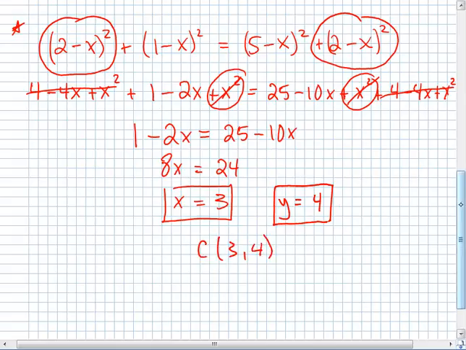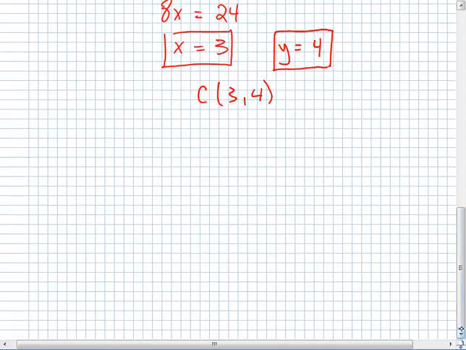And if we were trying to find the equation of the circle, that's going to be (x minus 3) squared plus (y minus 4) squared equals the radius squared.